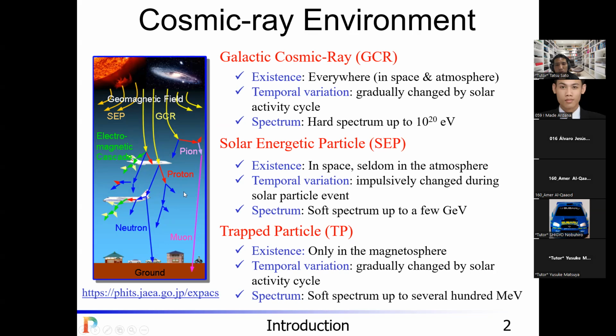Solar energetic particles we can consider only outside and inside the magnetosphere, so we don't have any mode to generate solar energetic particles in the atmosphere. And trapped protons exist only in the magnetic field, so we can generate the trapped particle spectrum only in the magnetosphere.